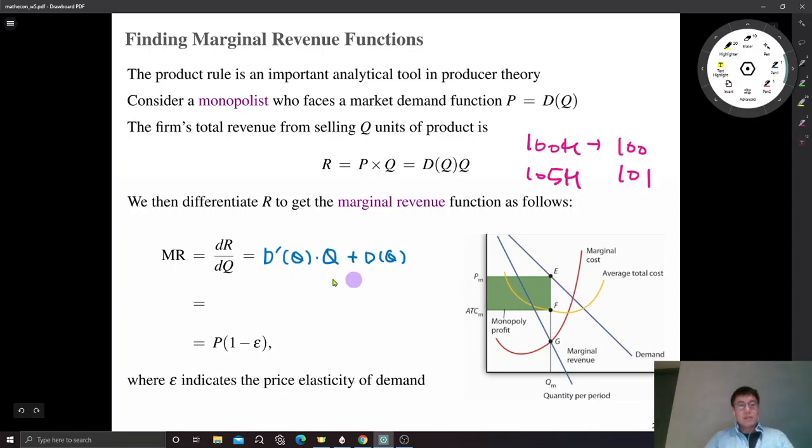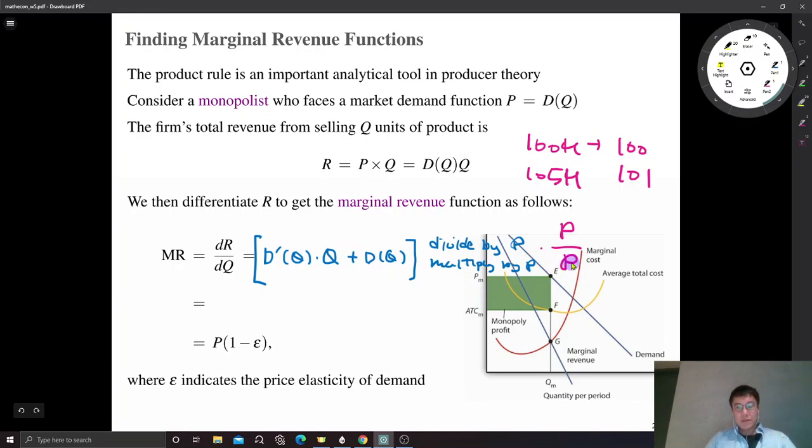Let me slightly manipulate this one, dividing by p first, and then multiplying by p. Meaning I just multiply by p over p.